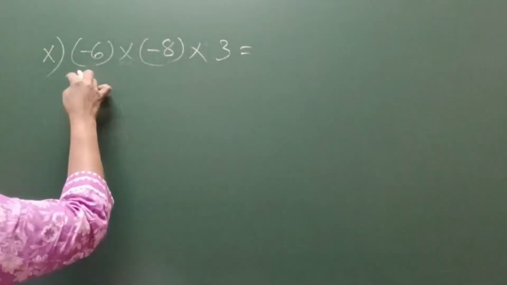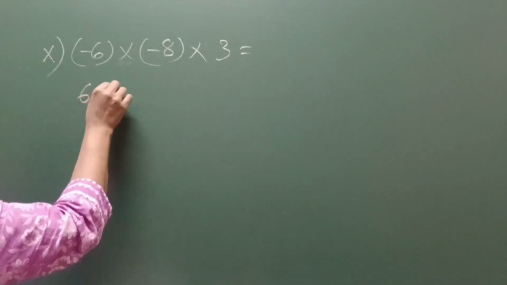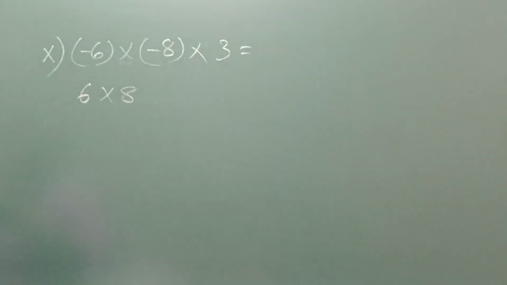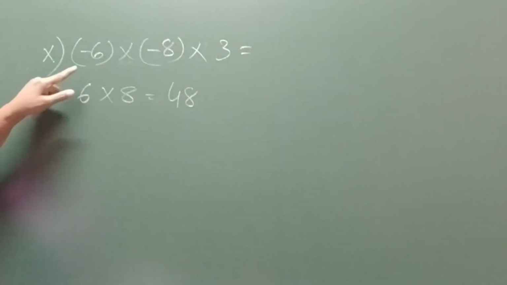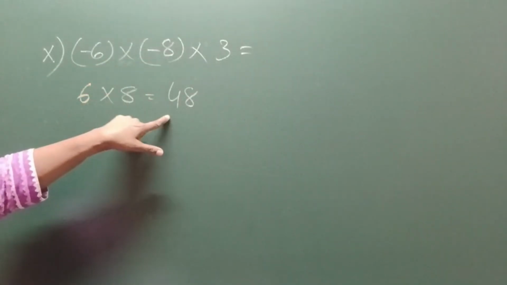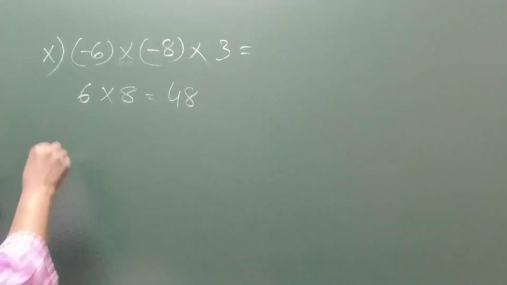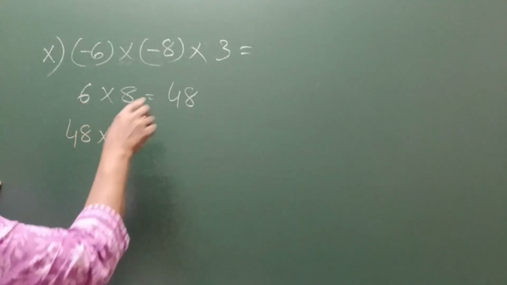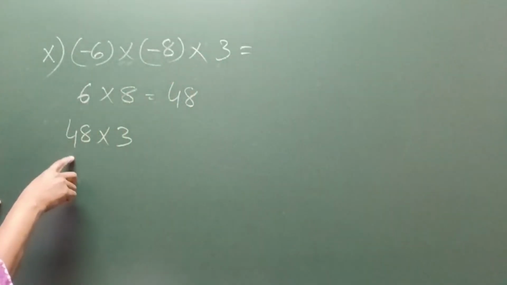First, find the absolute values of these two negative integers, 6 and 8. 6 8s are 48. The rule is minus into minus is equal to plus, so our answer will be a positive integer. So 48 into 3. This is a positive integer and this is also a positive integer.